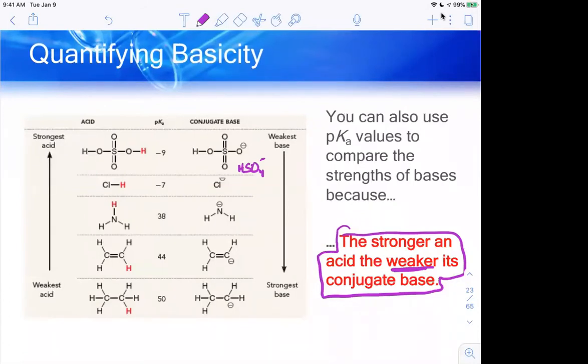And then look here, an alkane, if I think about an alkane as having an acidic hydrogen, this is a very large number. So this is an extremely weak acid. Because of that, when I take away that hydrogen and leave that lone pair, which is my negative charge, this alkyl anion is the strongest base on this chart. All of this information is really important for organic chemists to know.